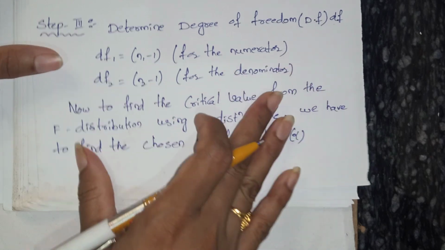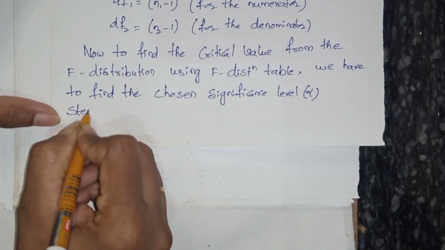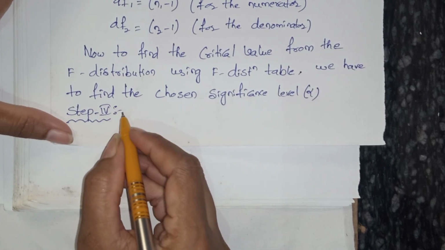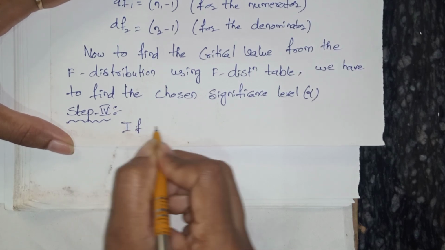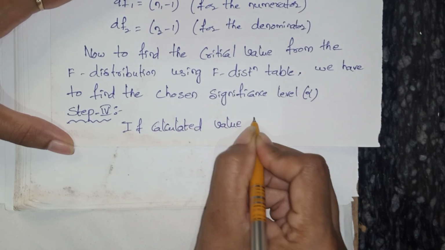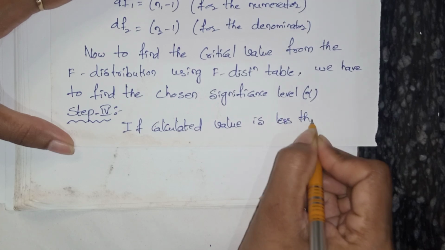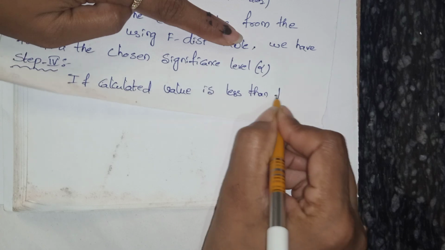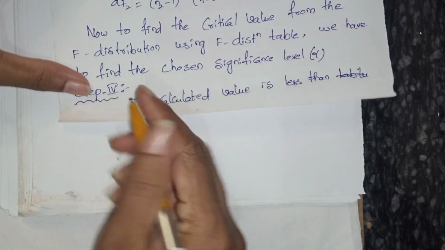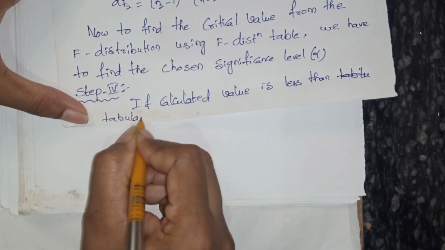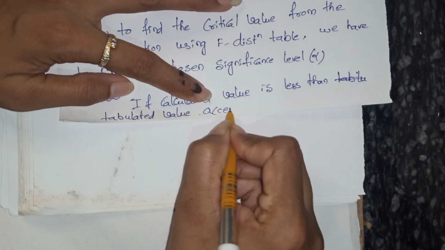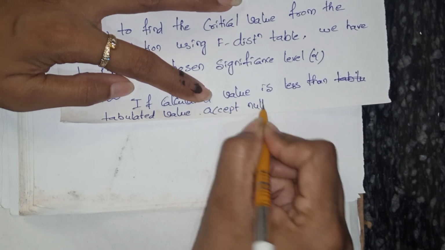Next is the conclusion, step 4. If the calculated value is less than the tabulated value, accept H naught, that means accept the null hypothesis.